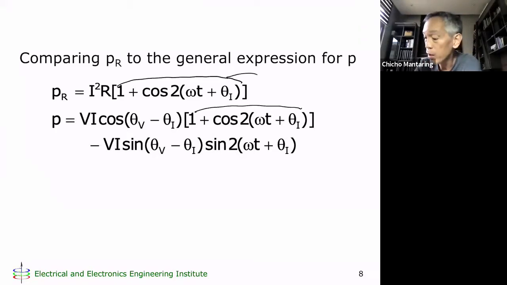These are equal. What does that mean? That seems to indicate that this and this will be equal also. On the other hand, in the top equation, I don't have any sine 2(omega t plus theta I) term. So what does that imply? That implies that this must be equal to 0.